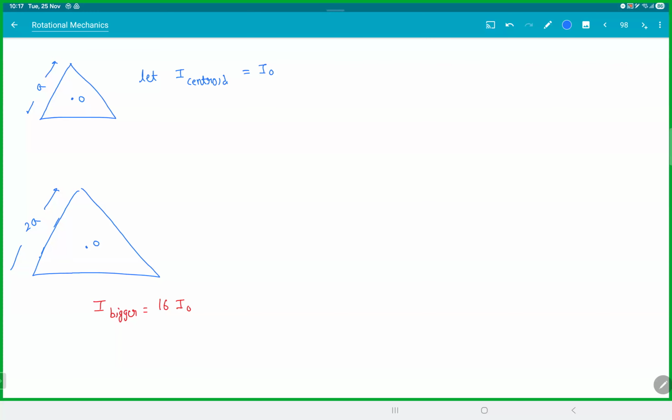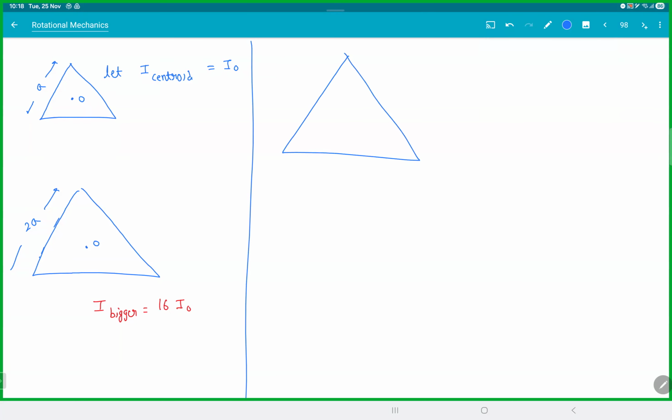Now we can do something interesting. This big triangle is actually nothing but four equilateral triangles. If you join the centers, you will notice there are four equilateral triangles. This is center one, center two, center, let's call it O, and this is center three.